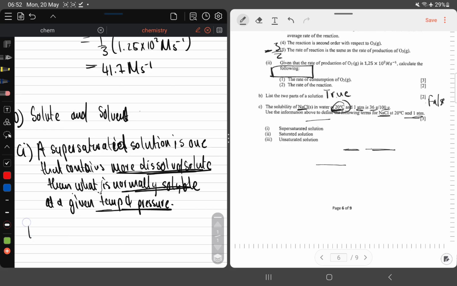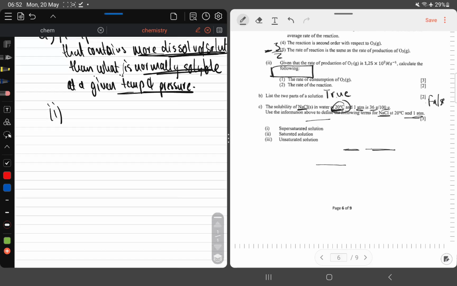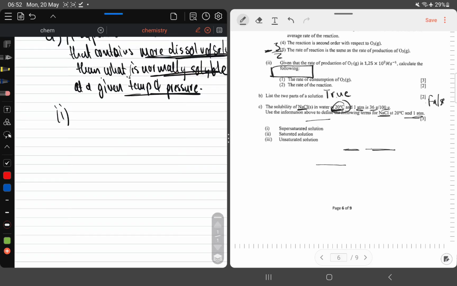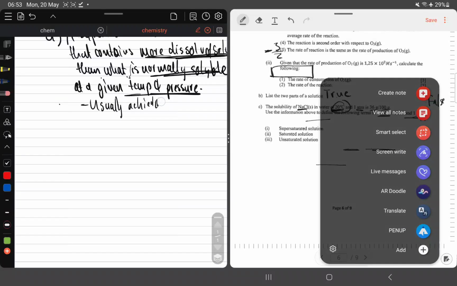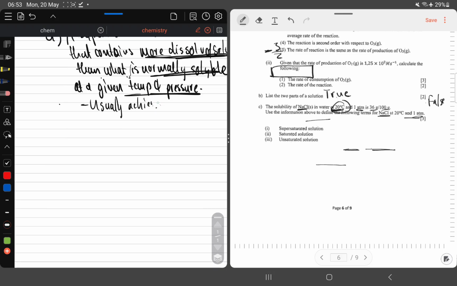This is usually achieved by changing conditions. That's what happens, by changing conditions.